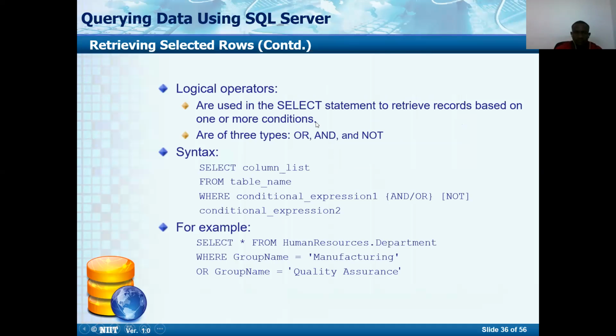You have a database of student marks and you want to retrieve maybe names of students who are boys and have their marks in a test less than 50%. In such a case, you have two conditions.